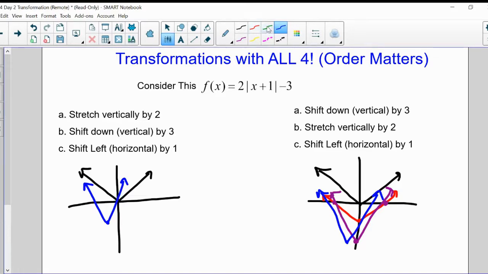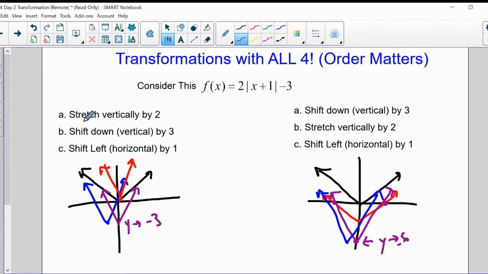So if I stretch first, then move down 3, then move over 1, that's not the same as moving down 3 first, then doubling it. Like this is at a y value of negative 6, whereas this is at a y value of negative 3. So these are definitely different.